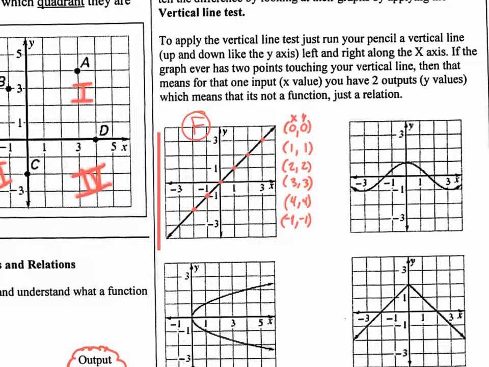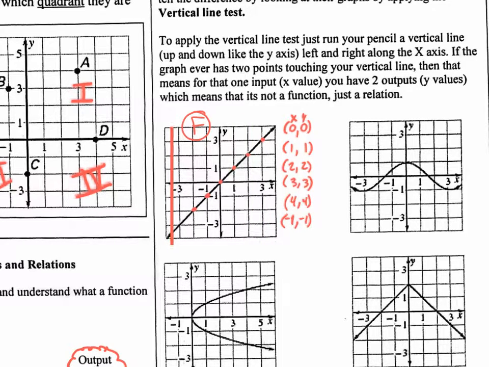So if I take this vertical line right here, let's pretend it's a pencil or something, and if I start running it and I stop right there, I have a point right here. And if I move it on and stop right there, there's only a point right here. And as you could see, if you run the red line, never at any point does your actual graph cross that red line at more than 1 point.